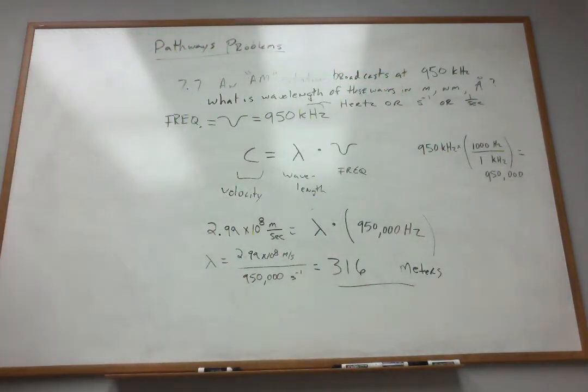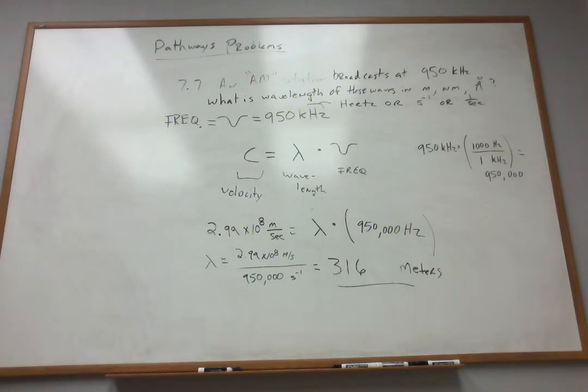That's my wavelength. So this radio wave has a wavelength of 316 meters. It's a very large wavelength if you think about it. Very substantial distance for one complete oscillation of the wave, right? Okay, so that is the answer in meters.